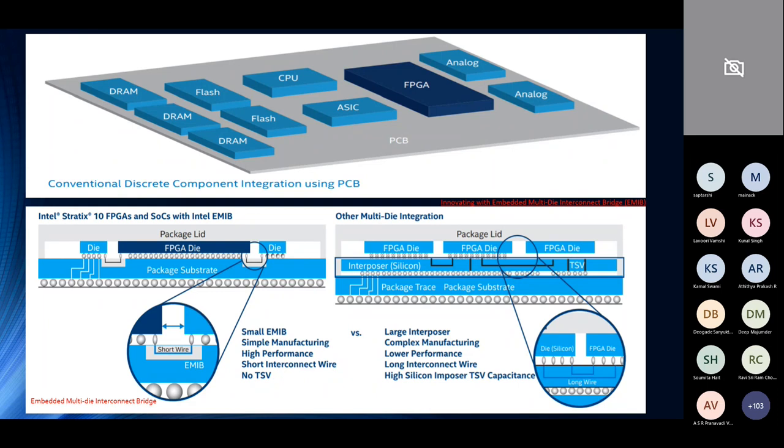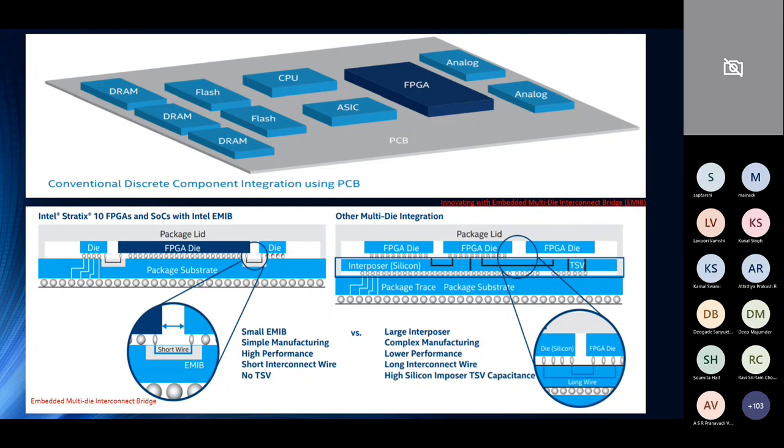So what you see in the bottom are two solutions that have become really, really popular nowadays. These are multi-die integration platforms. What you see on the right is an industry standard that has been in place for some time. And what you see on the left is an Intel offering called Intel EMIB.